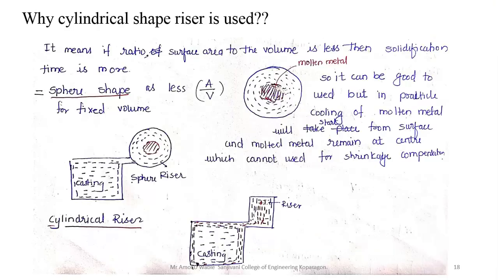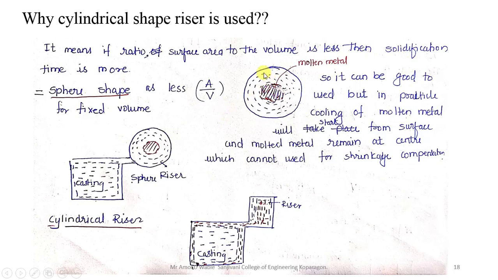You can take different shapes to make a riser: a sphere, a cylinder, a rectangle, or a square. But from these, we want the shape with the least surface area to volume ratio, so that the riser space cools later than your casting.